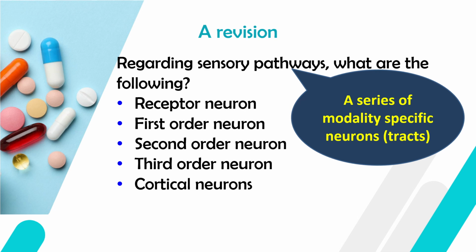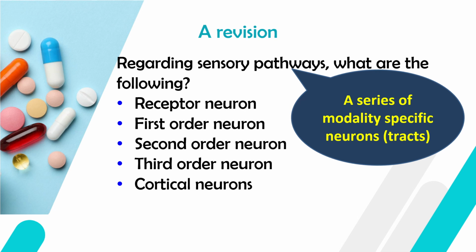Where are these cortical neurons found? In areas one, two, the somatosensory area. We have different ones for vision and hearing. What do we call the first area following the thalamus, containing the first cortical neurons? The primary.